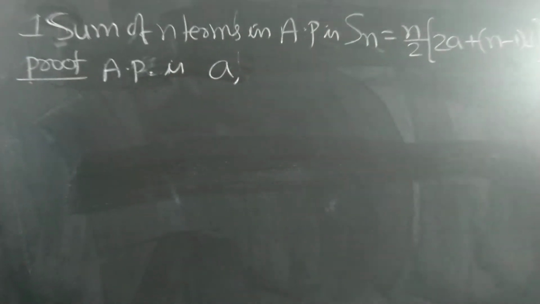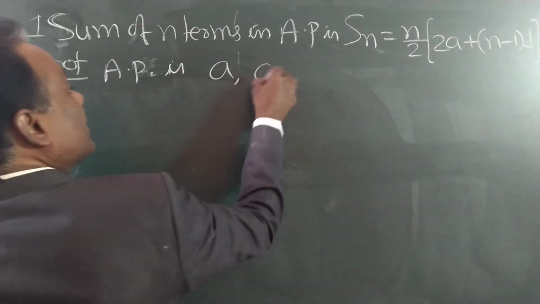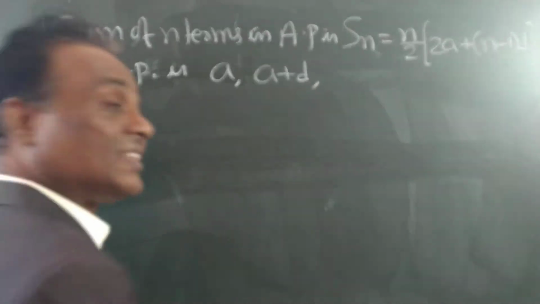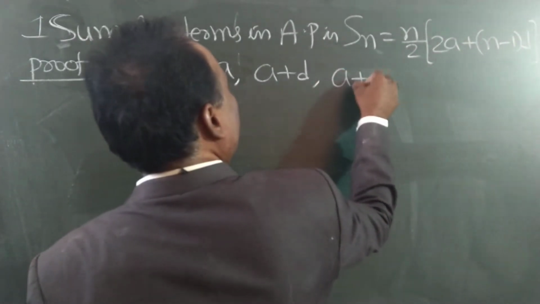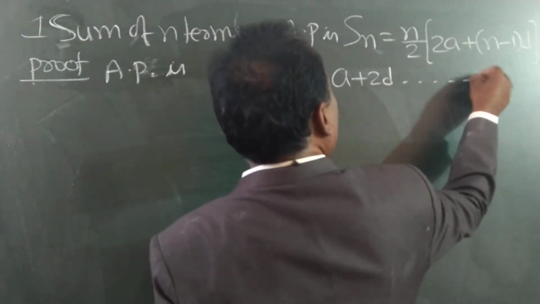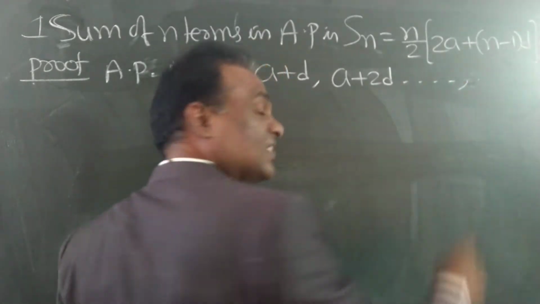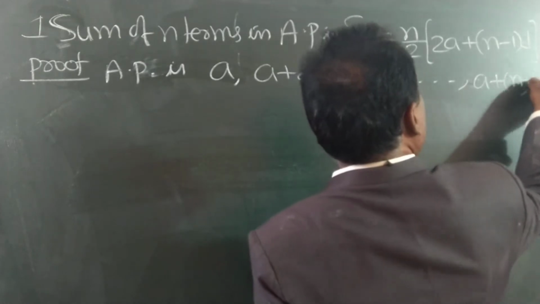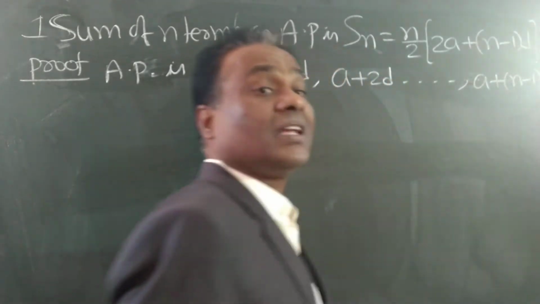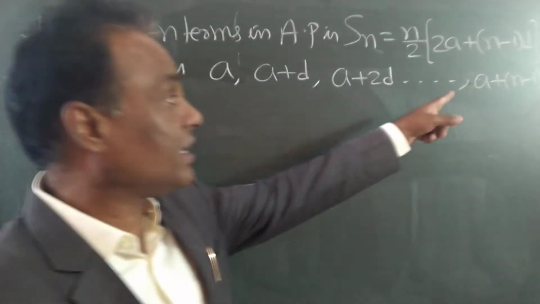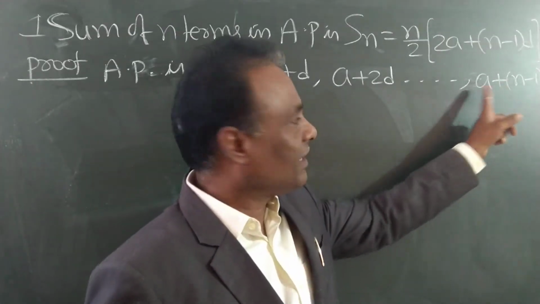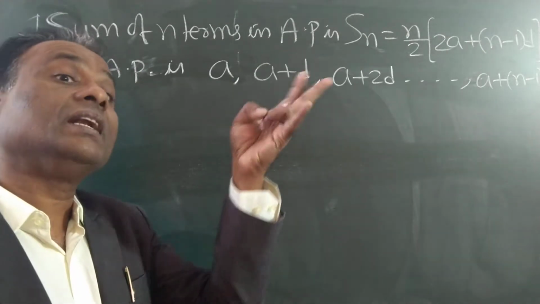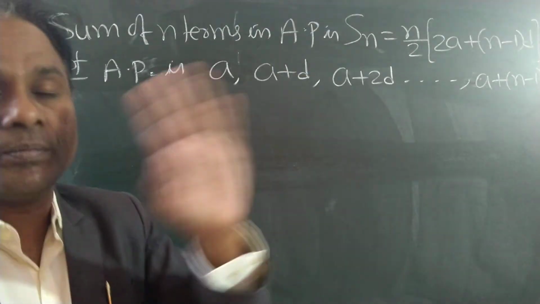A. What is the second term then? A plus D, the second term. Third term, A plus 2D, and so on. What is the last term? A plus n minus 1 into D, the nth term.